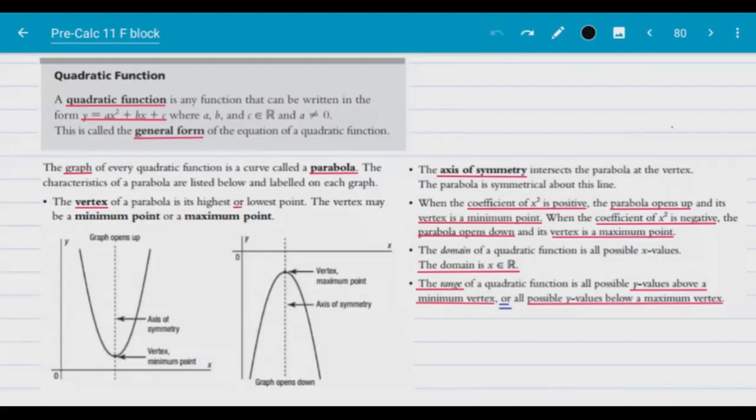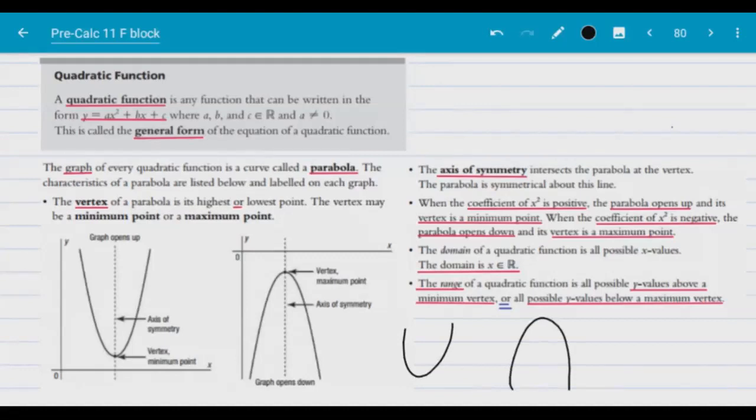So the domain of any quadratic function is always all real numbers. Now, guys, a while ago I said there are only two possible ways by which you can draw a parabola, either opening up or opening down. Both of which would tell you that it is taking on x values as it goes to the left and as it goes to the right.